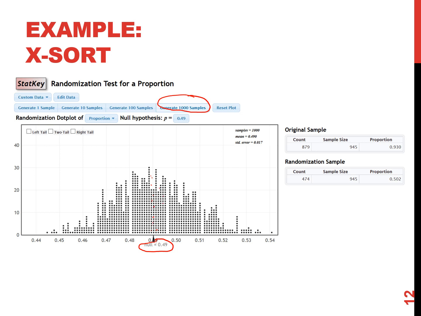Sometimes just by chance we're going to get a few extra girls, more than we were expecting. Sometimes we're going to get a few extra boys. And once in a while we'll get a result that's really far away from 49% just due to random chance. So this allows us to see what kinds of sample proportions would be consistent with the null hypothesis, the ones that would be likely to occur, and what kinds of sample proportions would be inconsistent with the null hypothesis, ones that would be very unlikely to occur.